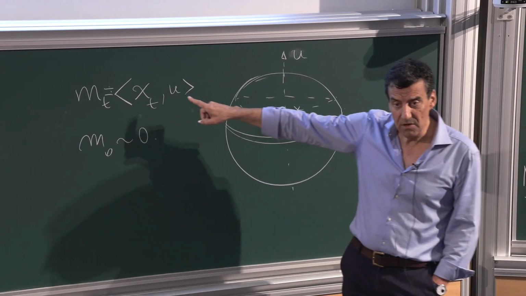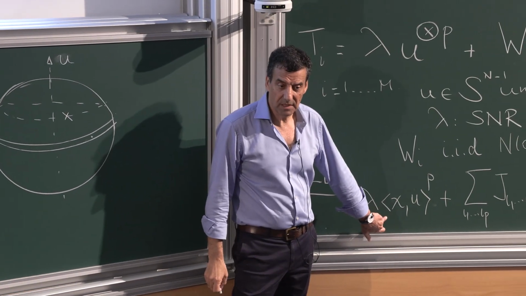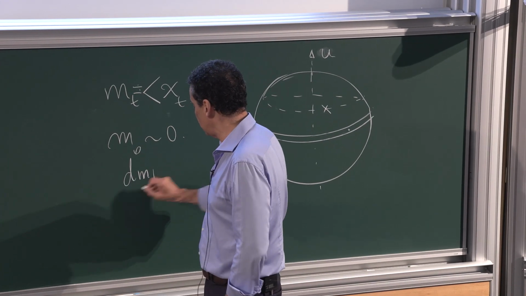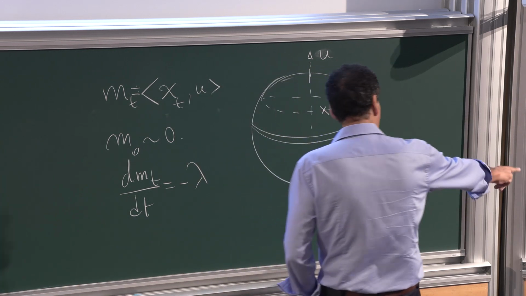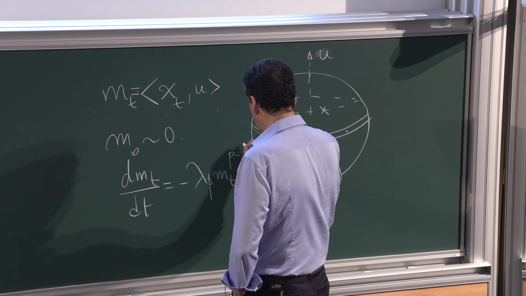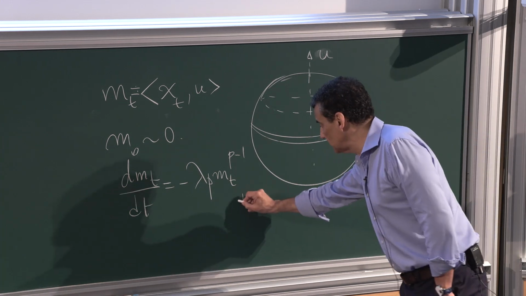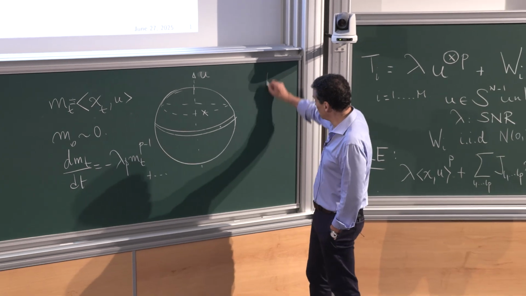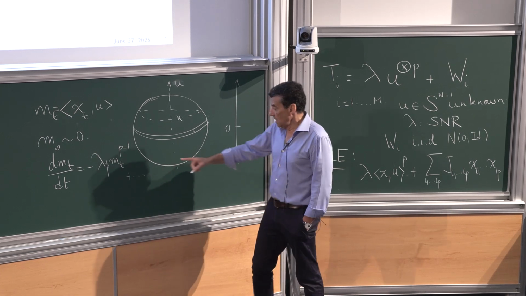But the ODE you have here, the gradient flow that you get, is the gradient of this, okay? So basically your evolution is something like dmt over dt equals minus gradient of this thing, which is mt to the p minus 1, right? Roughly, plus small terms that I just don't want to consider. So you see you have a very simple dynamical system in dimension 1, where you start at 0, and you follow this thing.